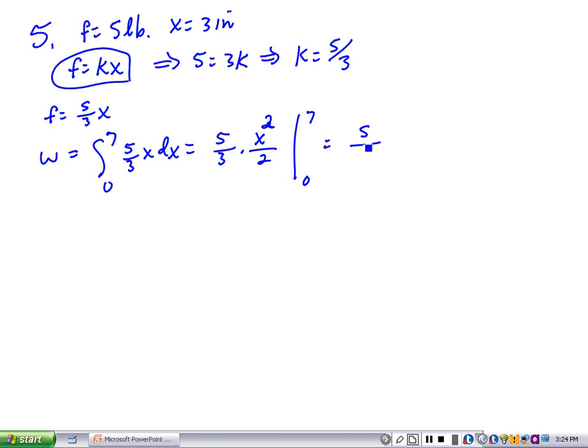So we get 5/6 times 7 squared. So that gives us 49 times 5, 245 all over 6. And we measure the work in the weight or the force times the distance, or the distance times the force. So here the distance is in inches and the force is in pounds.